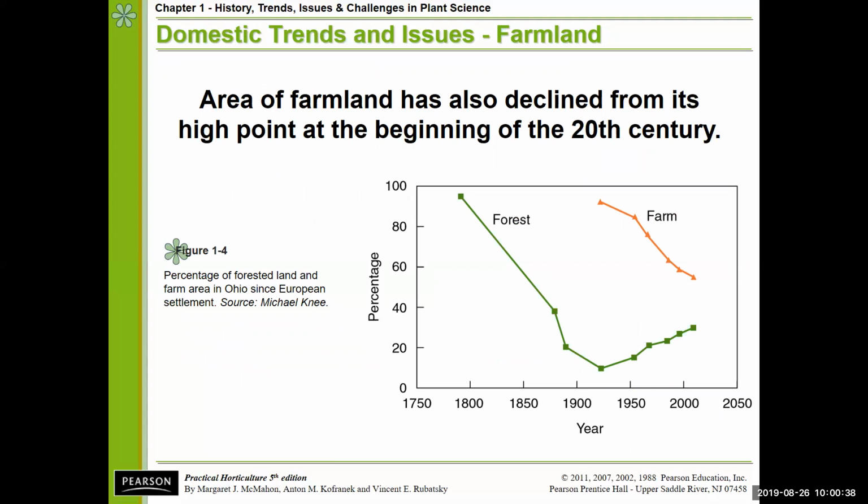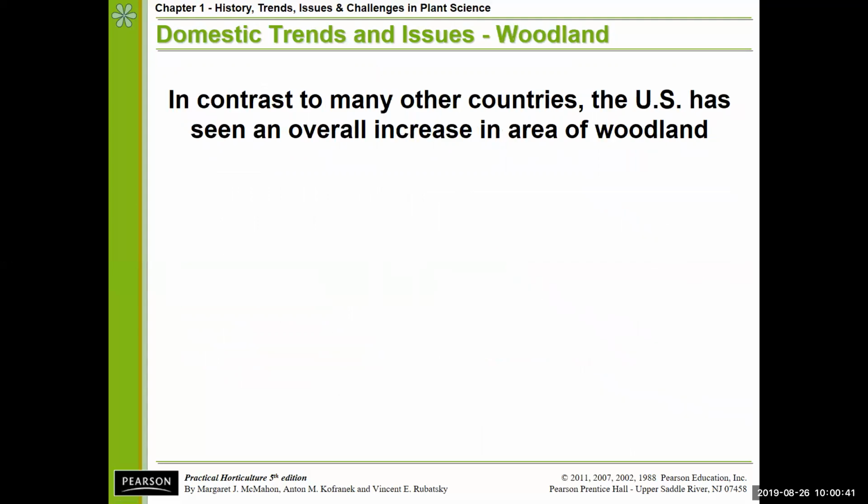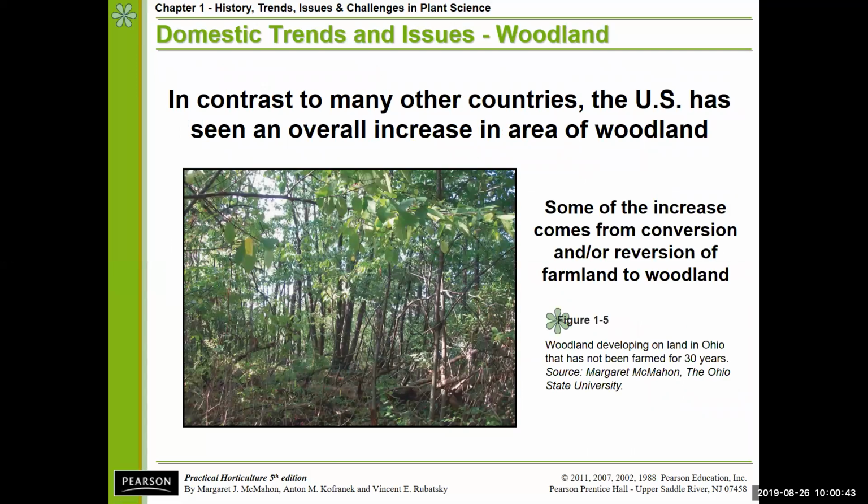And one of the things that we're seeing in response to this is the regrowth of forest land. I don't know how it looks in your area, but around here, there's a lot of abandoned farmland. And what happens in the eastern U.S. when farmland is abandoned is it starts to go back into woodlands. The unfortunate part for us is that, because of the disturbed soil, the woodlands that are growing back are mostly invasive plants that are really not marketable.